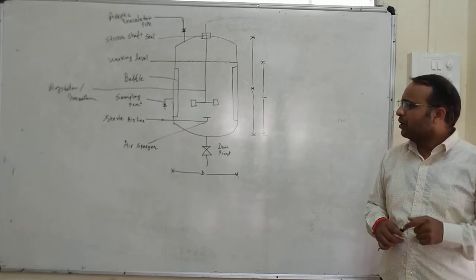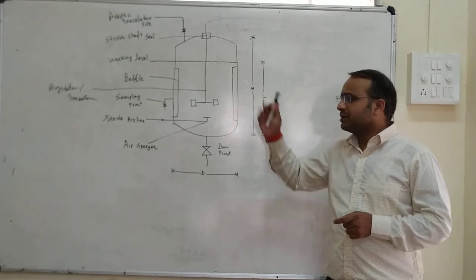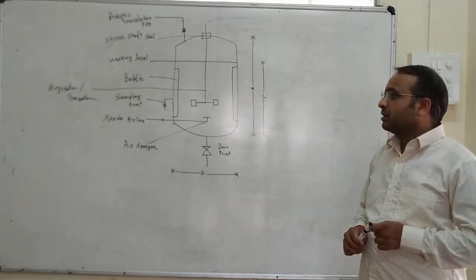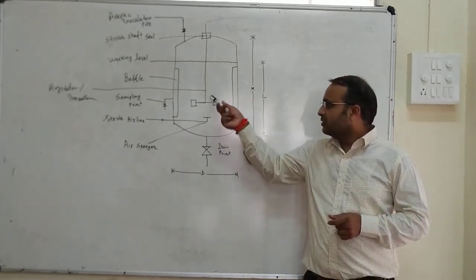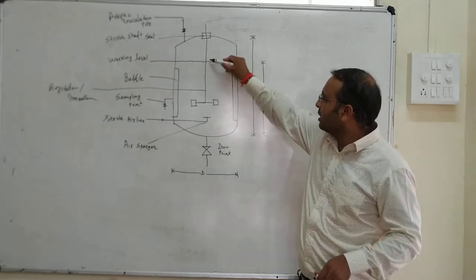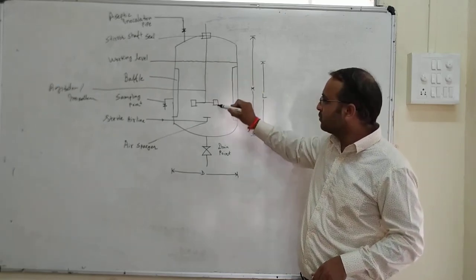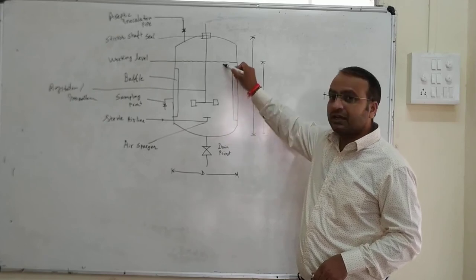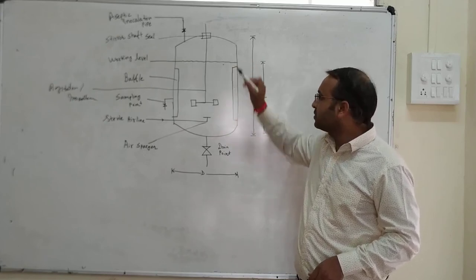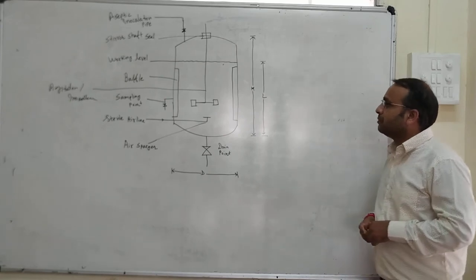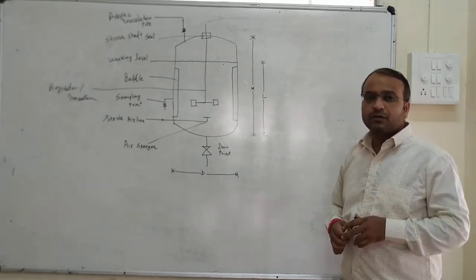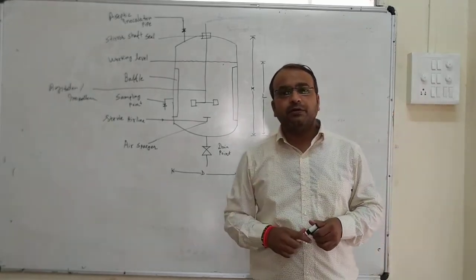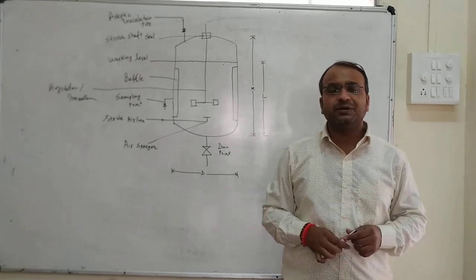I think all points we have covered: the aeration, the agitation, the sterile air line, then the impellers. This is the agitator shaft, these are the impeller blades, and this is the working level. So this is the basic design of a bioreactor. I hope you have understood it.